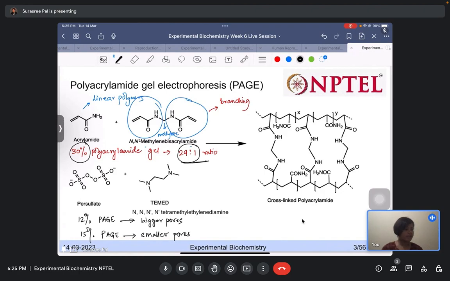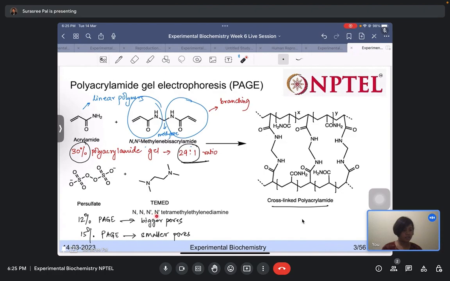Now in making this cross-linked polyacrylamide polymer, there is an important role of two molecules, which are ammonium persulfate and TEMED. This is a persulfate molecule, and this is TEMED.